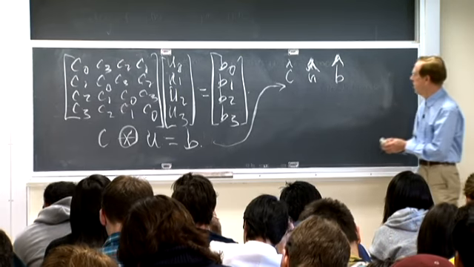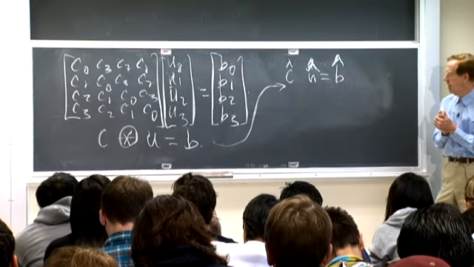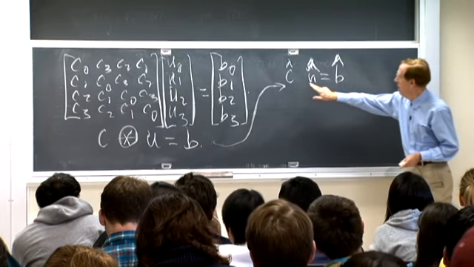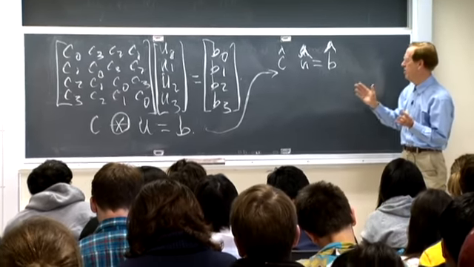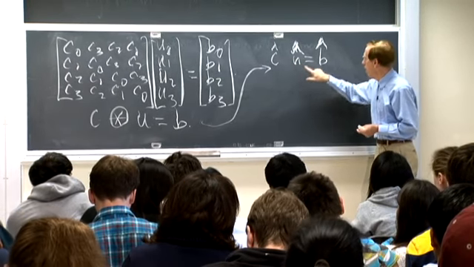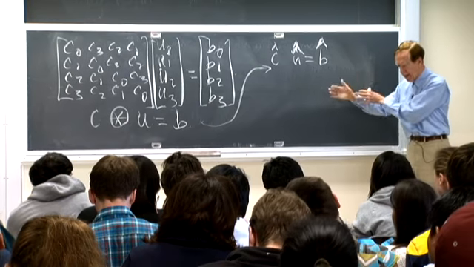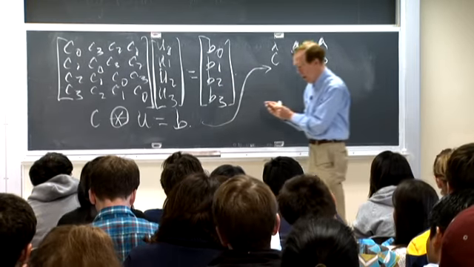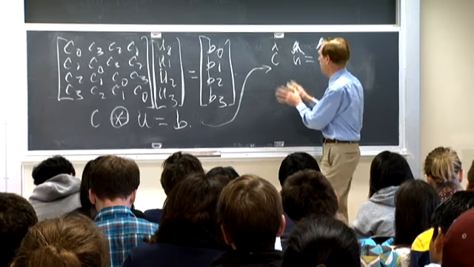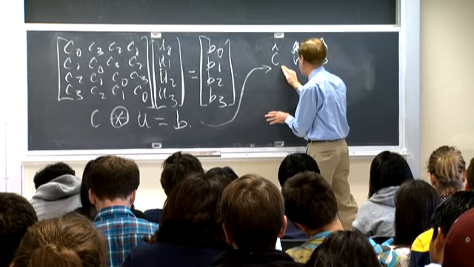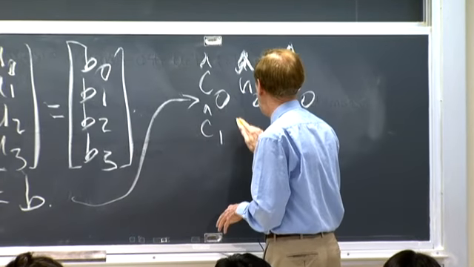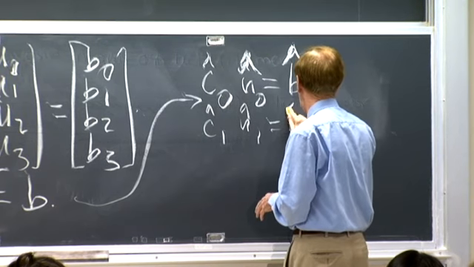Now, what's the equation in frequency space? And then I'll do an example. It's a multiplication, but I don't usually see a vector and nothing there. And what's the multiplication in frequency space? It's component by component. C hat 0, U hat 0 equals B hat 0. C hat 1, U hat 1 equals B hat 1.